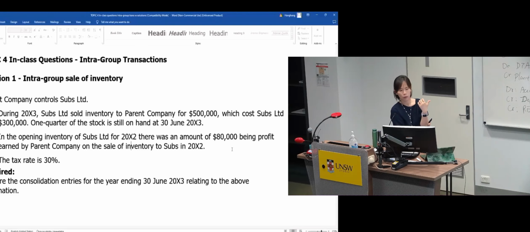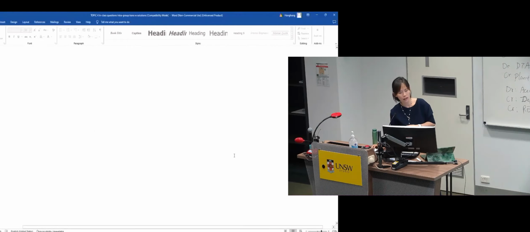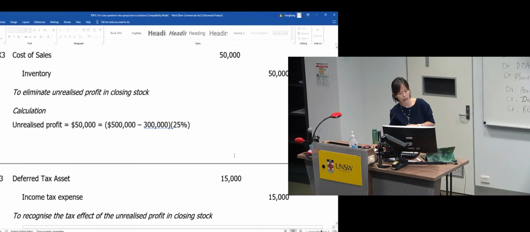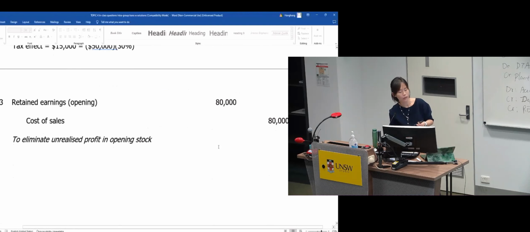This unrealized profit will be contained in the opening retained earnings of the current period. Therefore, you need to adjust opening retained earnings of the current period for 80,000, before tax once again. When these inventories were sold in the current year, adjustment is made to cost of sale.